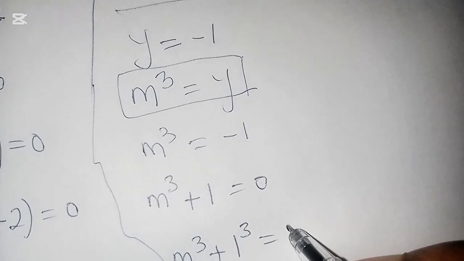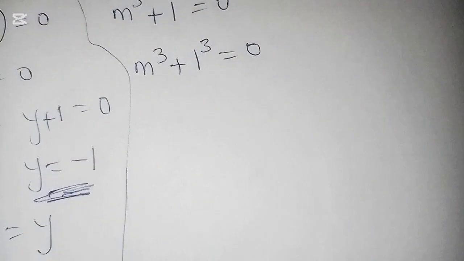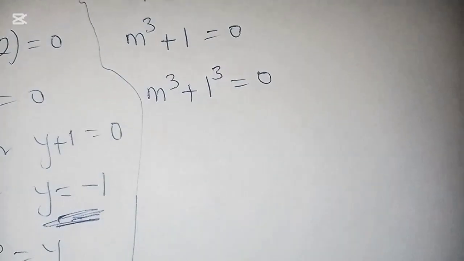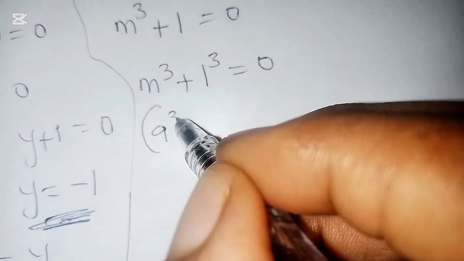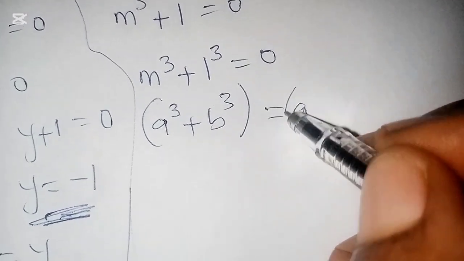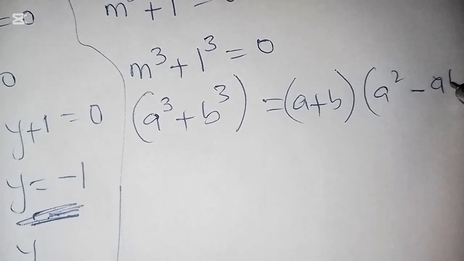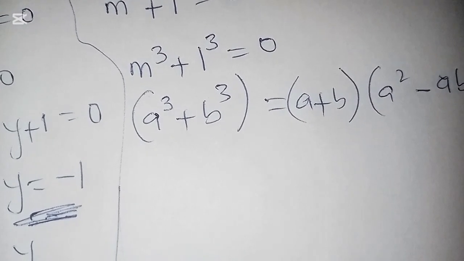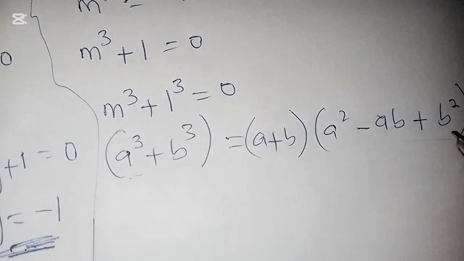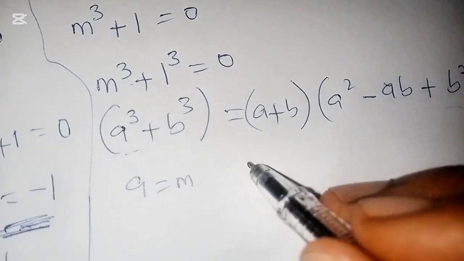Now, just to make it look like m cubed, we're going to say 1 cubed, which is the same thing as 1. And so we're going to use the expansion we were taught in school, which is a cubed plus b cubed equals a plus b in another bracket, a squared minus ab plus b squared. So we're going to use this to expand that.